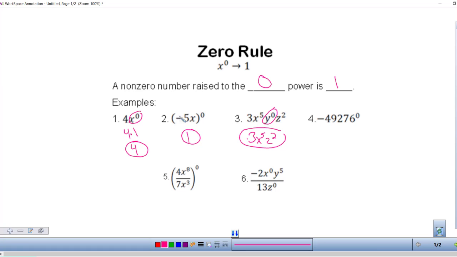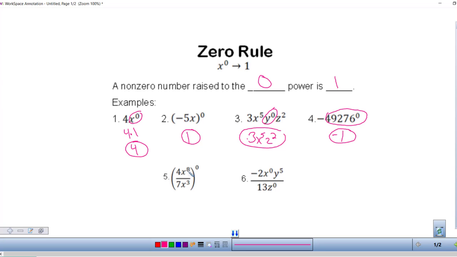Notice this has a parentheses with the negative. When there is not parentheses with a negative, it is really only doing this number to the 0 power. It's not doing negative. It's doing the 0 power and then multiplying by a negative. So this part would become 1, and then there's a negative, so our answer to this one is negative 1.